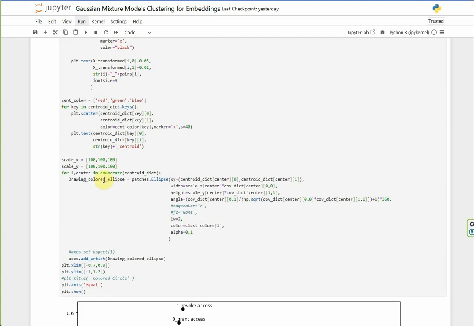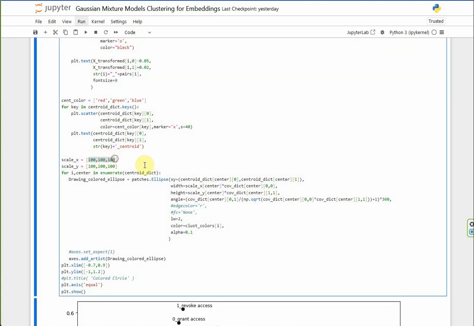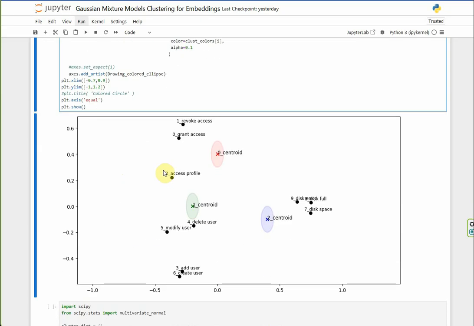We have to scale them, and in this case, we scale these variances by a factor of 100. So what we see in this graph is basically 100 multiplied by the variance along a particular dimension. So this is how it looks: 100 sigma along the y dimension and 100 sigma along the x dimension.